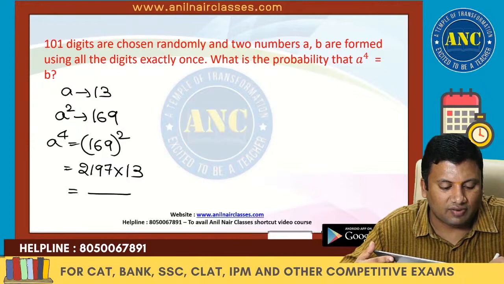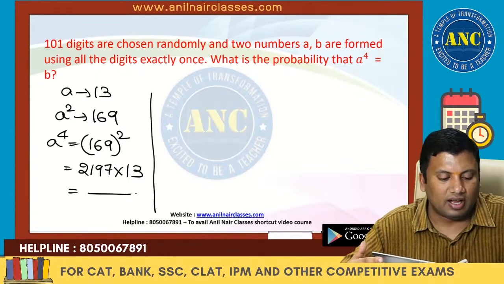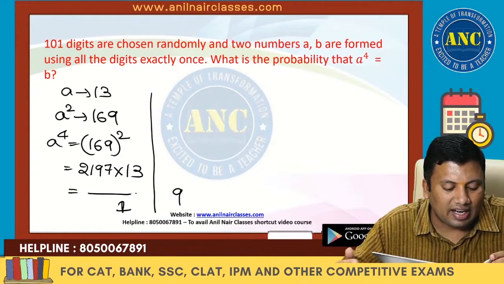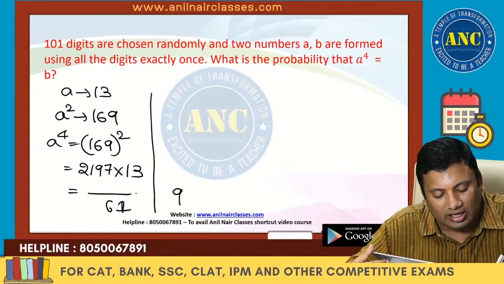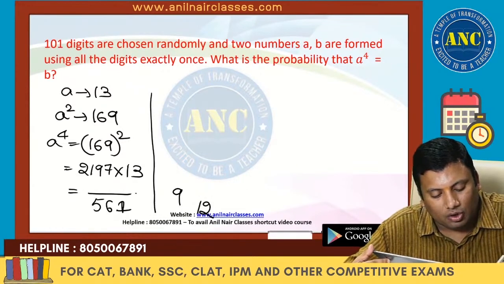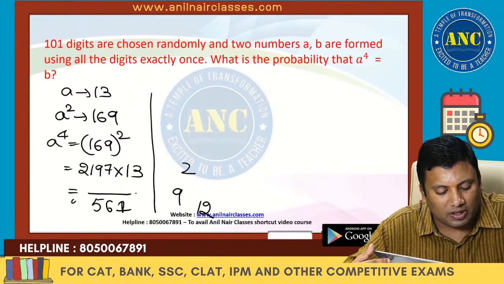I will get this value. 13 sevens are 91, 13 nines are 117, 126, 13 plus 12 is 25, 13 twos are 26 plus 2, 28.